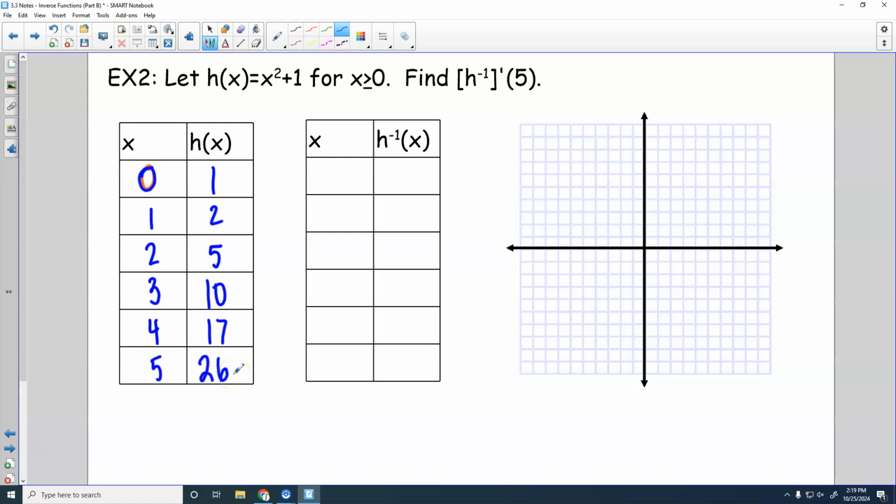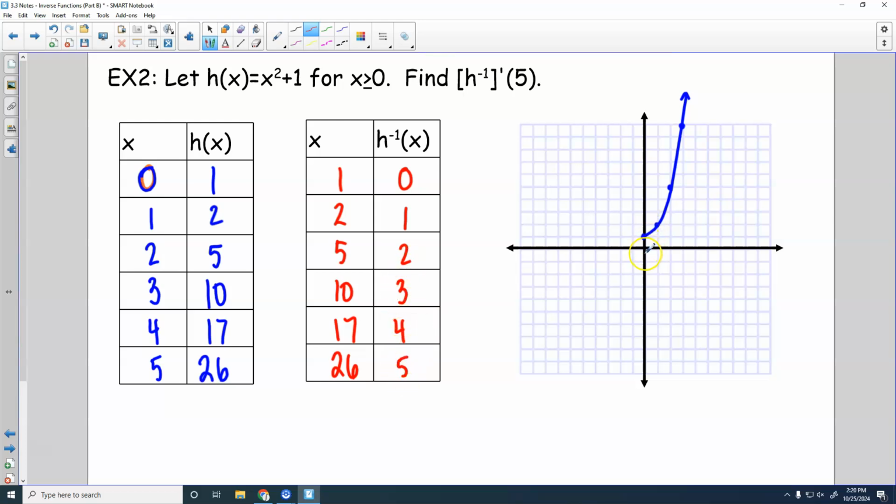Obviously, that's not all going to fit on my graph here, but I'm going to graph what I can of that. So, I've got 0, 1, 1, 2, 2, 5, 4, 3, 10, right here. And if I'm thinking about the inverse of that graph, I've got 1, 2, 5, 10, 17, 26, and 0, 1, 2, 3, 4, 5.